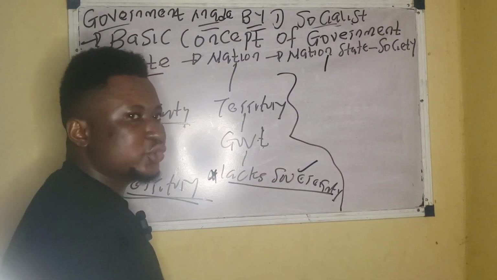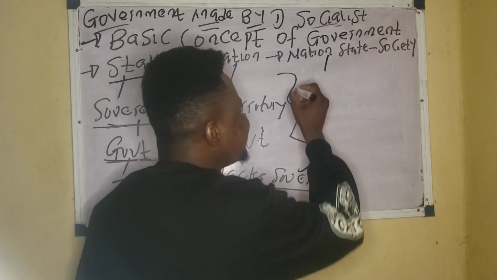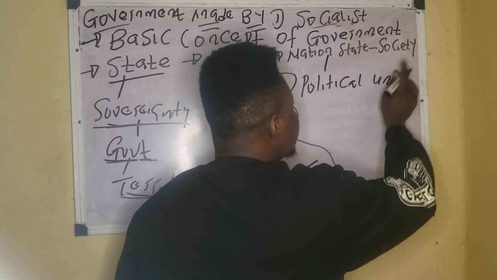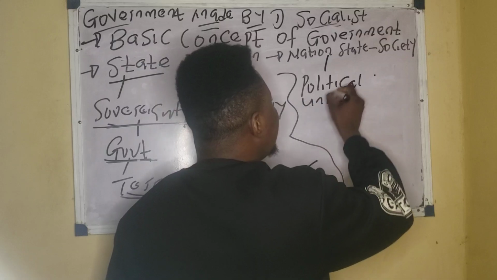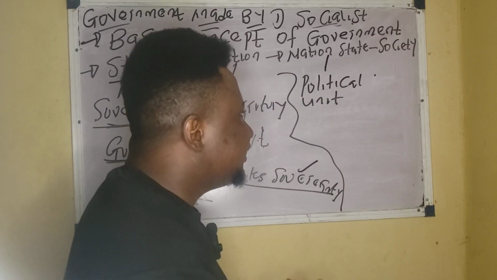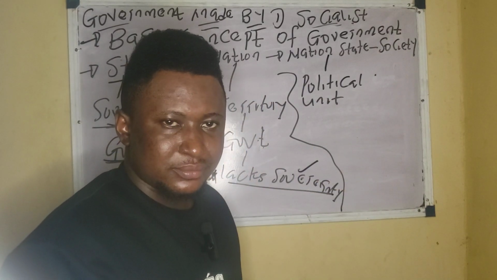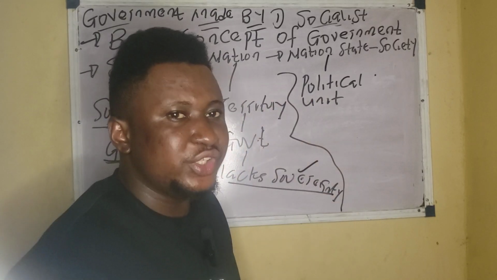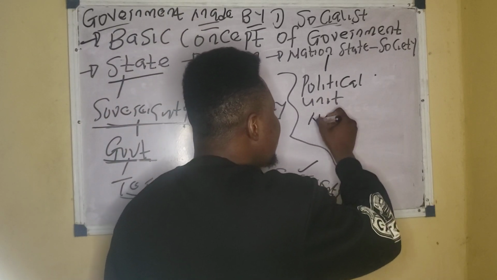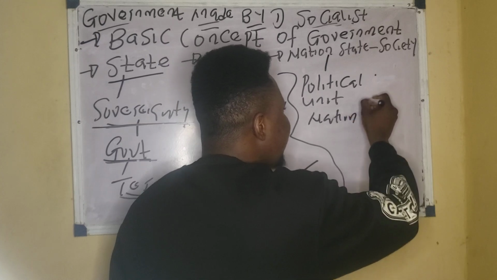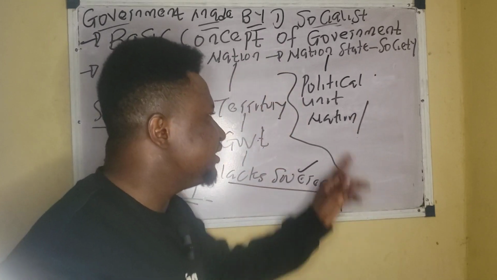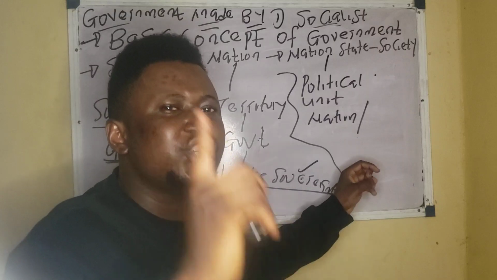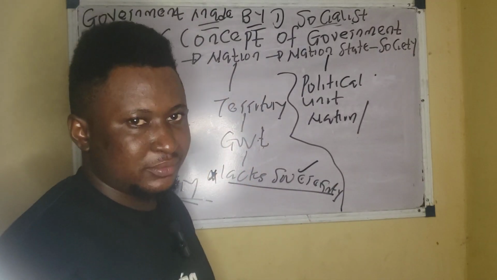Whenever you hear the word nation state, a nation state is a political unit that combines a nation. In other words, a nation is a group of people sharing a common identity.